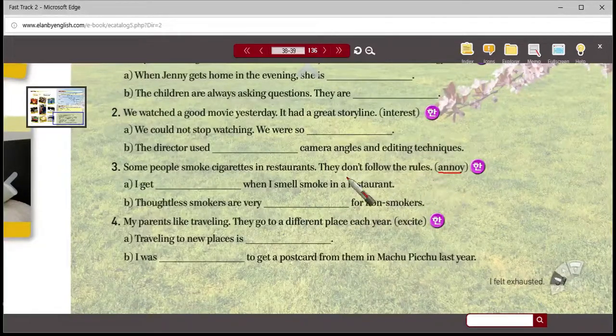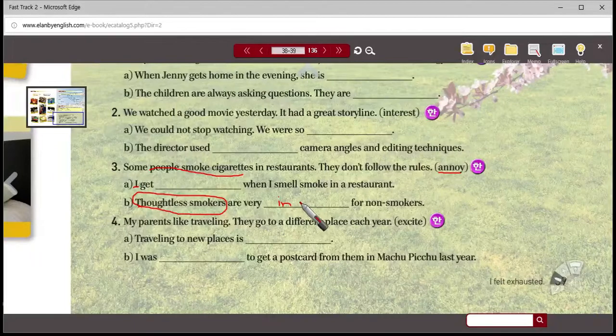Okay, so again, ing for the cause. What's the cause? The people smoking cigarettes? Or me? Okay, the answer? The thoughtless smokers. Okay, they are the cause. They are creating the smoke that I smell. They are creating the smoke.